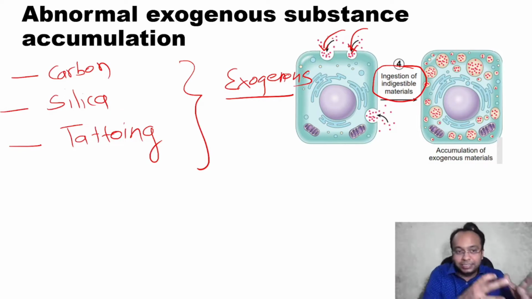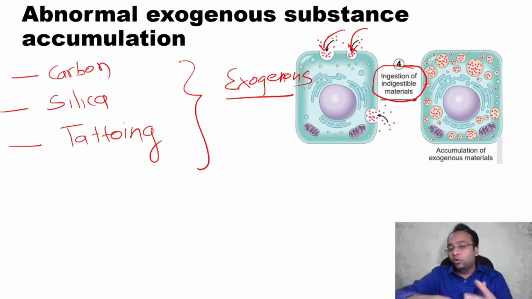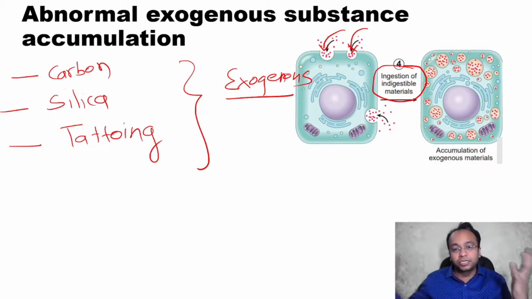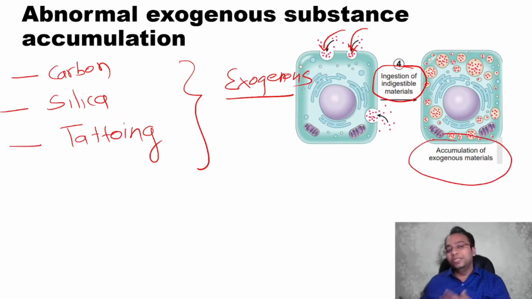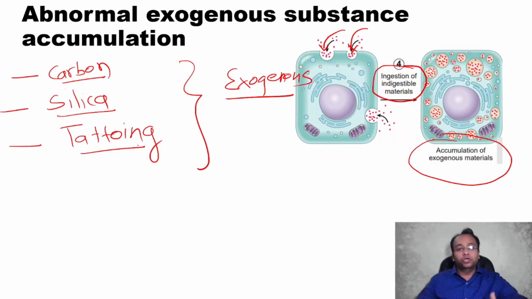They cannot digest these substances, and they cannot even transport them. So there will be accumulation of these exogenous substances, which can lead to cell injury. The carbon accumulation is known by the name coal worker pneumoconiosis. Silica exposure can lead to silicosis. Tattooing is also an example of intracellular accumulation.